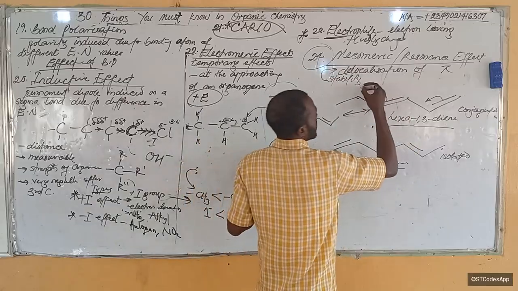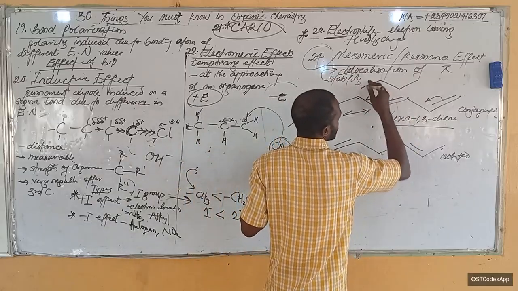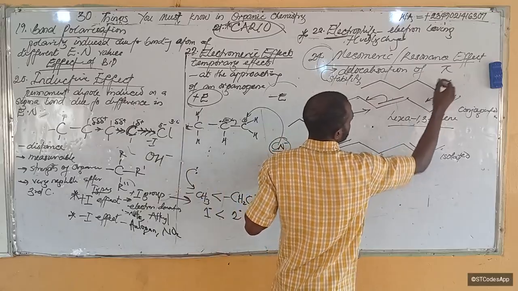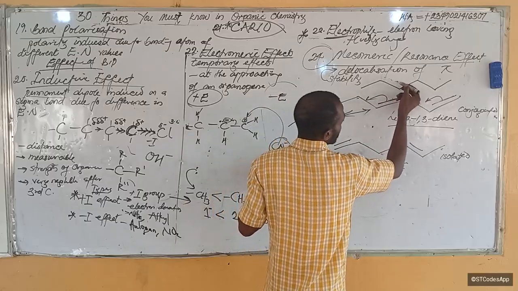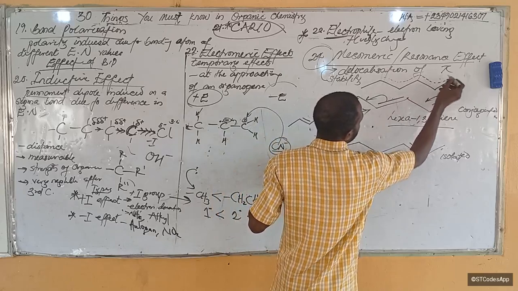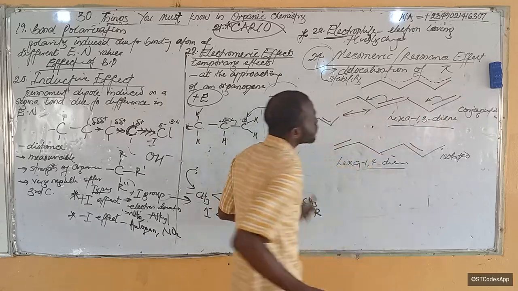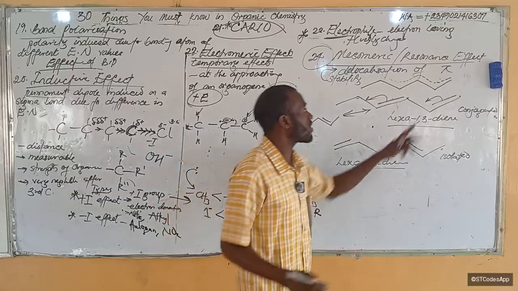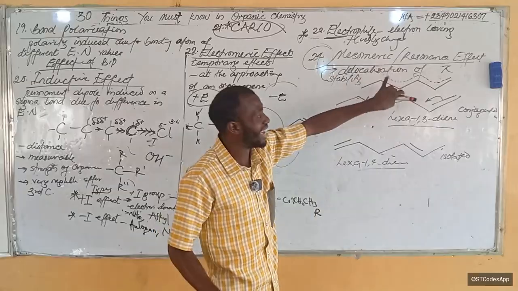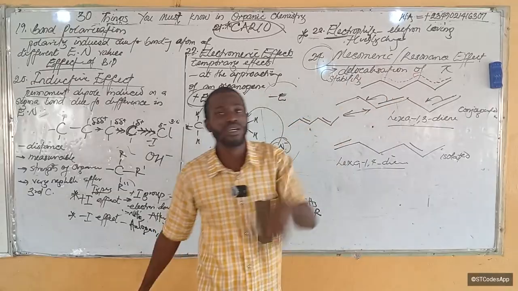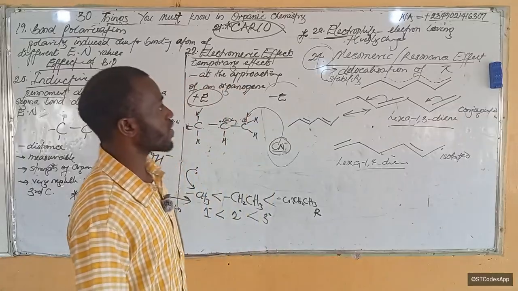In reality, what we have is this. 1, 2, 3, 4, 5. The bond will be spread across like this. These pi electrons are there. So you see that there is more space to move around for the electrons. Because of that, the burden is lower on this guy, hence this guy is more stable. Do you understand now? So that's what mesomeric effect is.